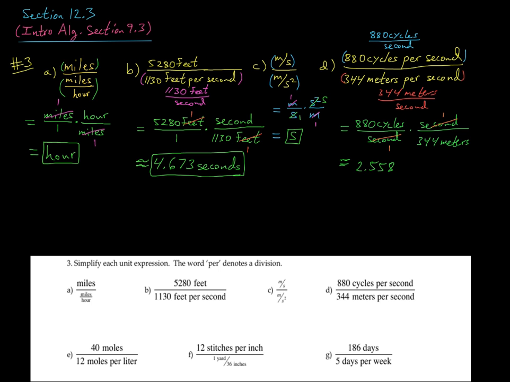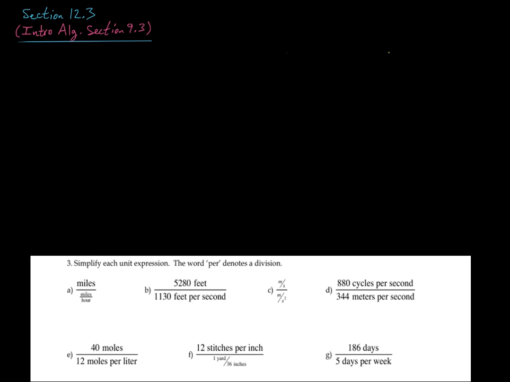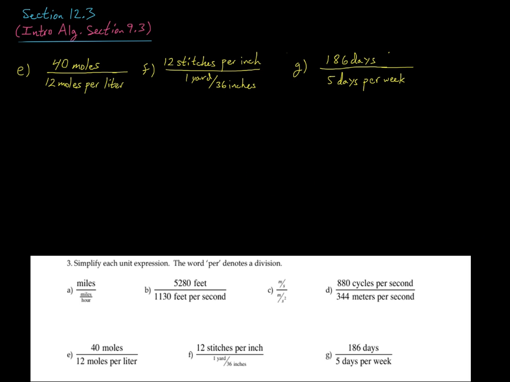And for the leftover units, this is going to be cycles per meter. All right, and then that would do it. Let's go ahead and do the last three on the next tab.